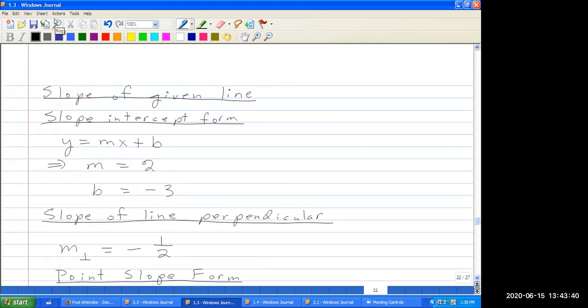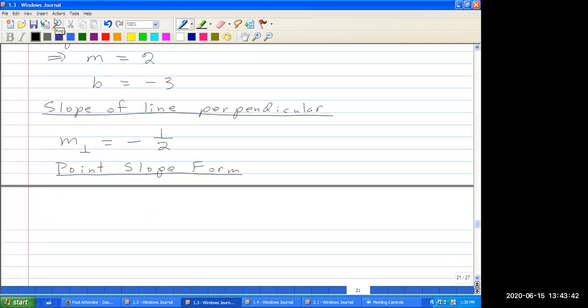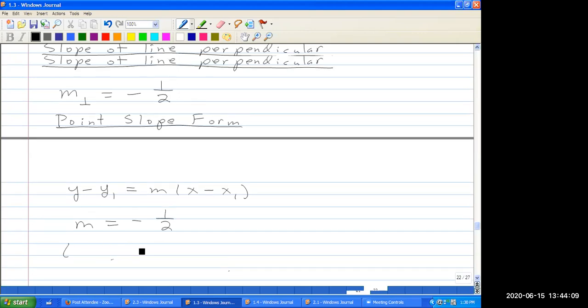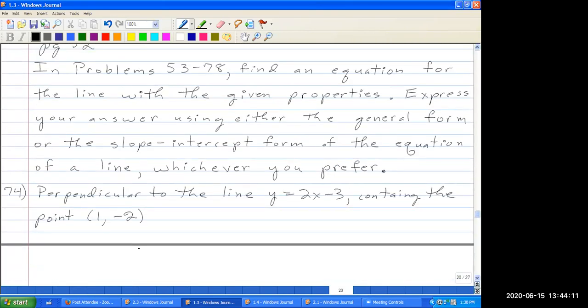The point-slope form is just y minus y1 equals m times (x minus x1). Well, we have the slope, -1/2, and we have the point. Okay, so we have the point (1, -2).